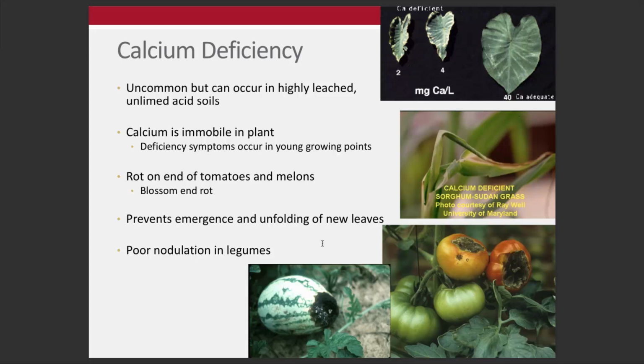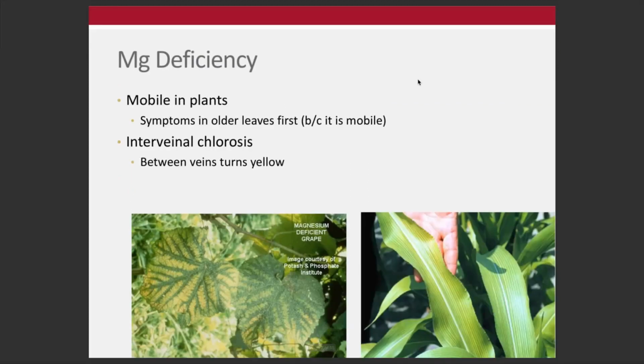And calcium deficiency prevents emergence and unfolding of leaves, and maybe some poor nodulation. So, just some pictures. Here again, this was grown in hydroponic solutions, and you see some of this necrosis and chlorosis that's happening with calcium. In my illustrious career at Ohio State, I have not seen any calcium deficiency to date.